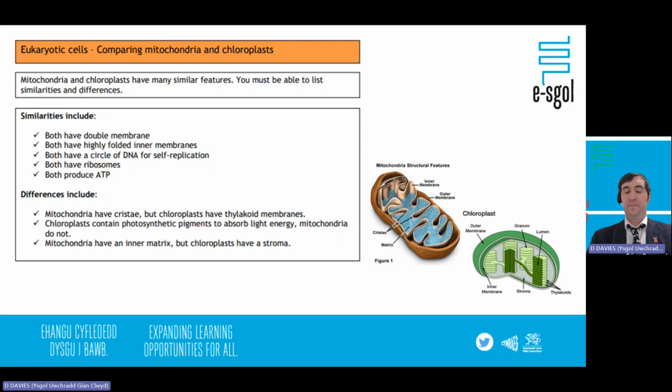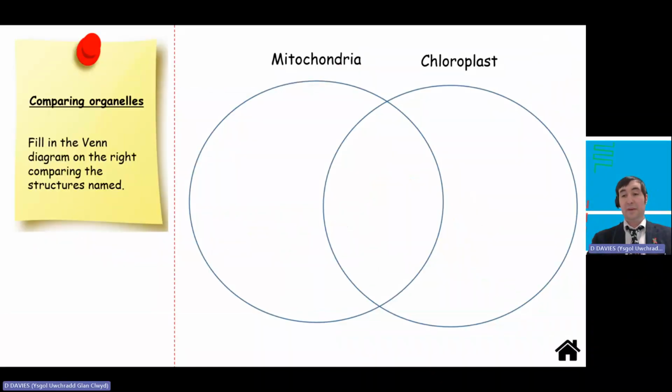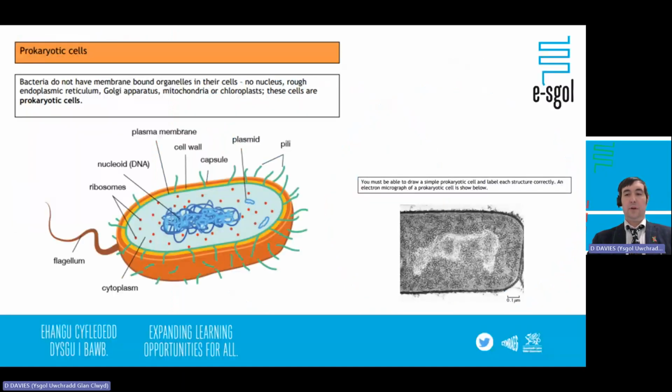So that's a theory that you need to be aware of. Good. So this time, instead of your Cornell notes, maybe just fill in the Venn diagram: mitochondria, chloroplasts, and both of them. Good job.